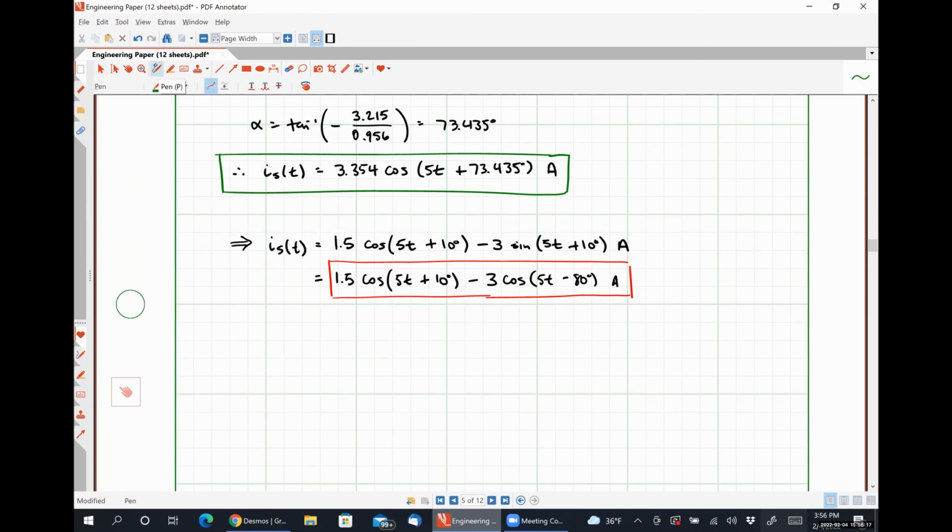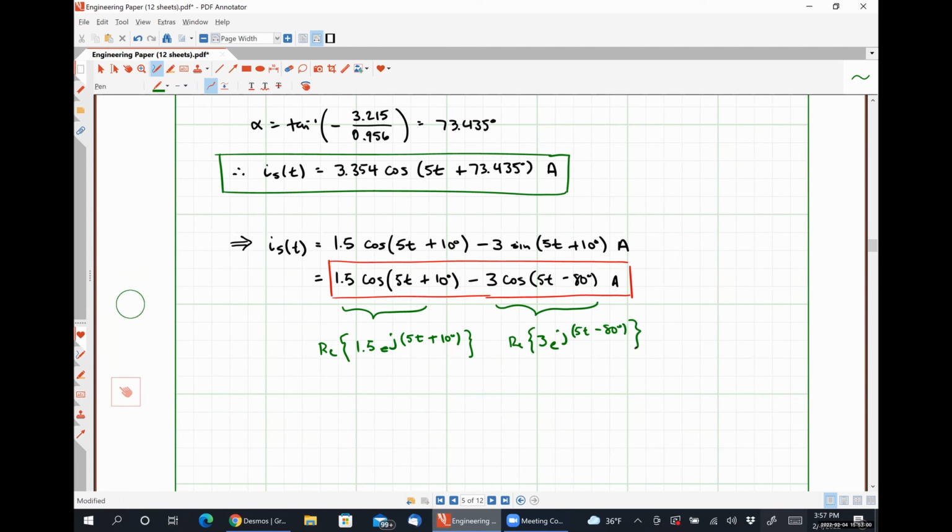So Euler's identity says that this guy right here is the real part of 1.5 e to the j(5t plus 10 degrees). And Euler's identity says that this guy right here is the real part of 3 e to the j(5t minus 80 degrees).